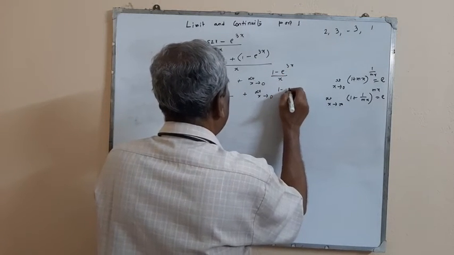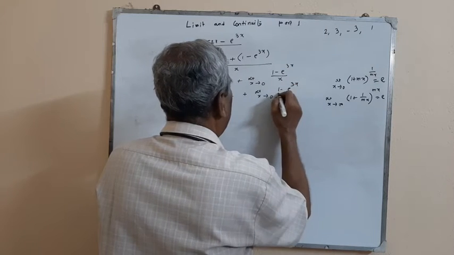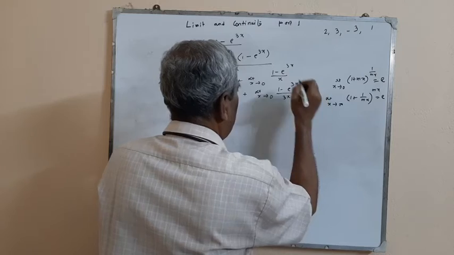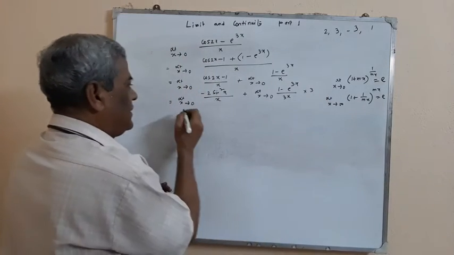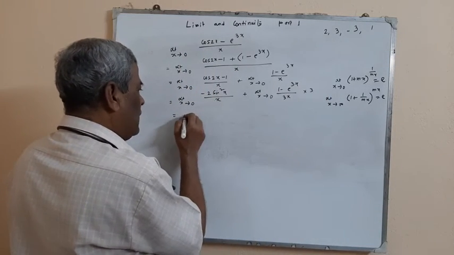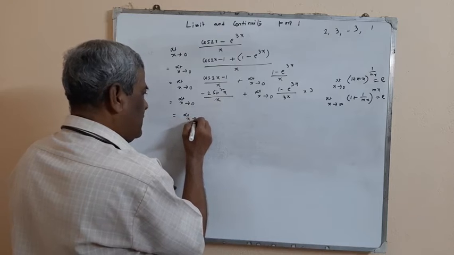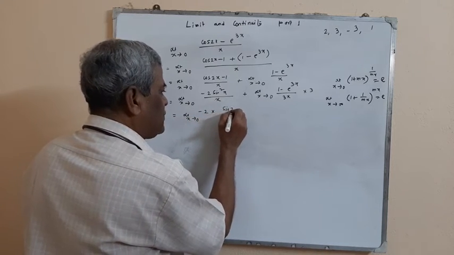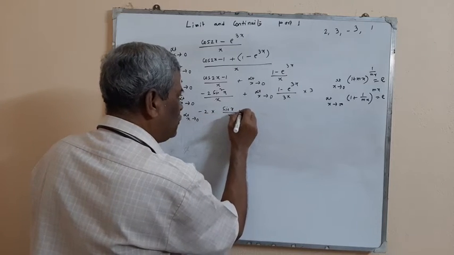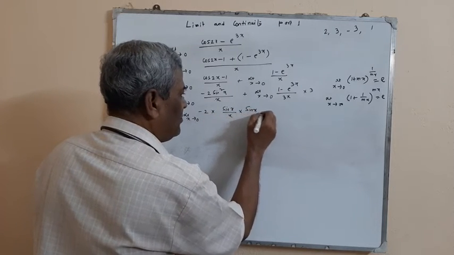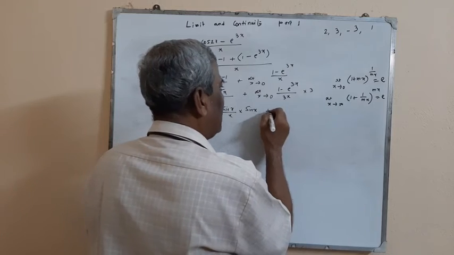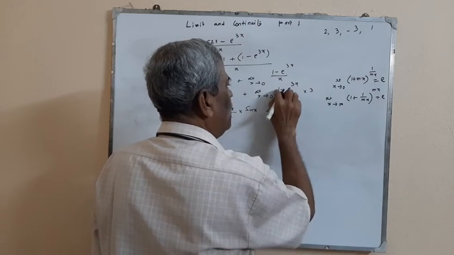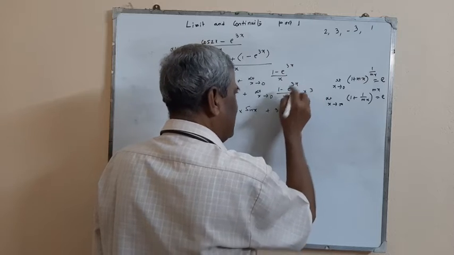If it is by mx, then they balance. It is equal to limit x tending to 0 of minus 2 into (sine x by x) into sine x, plus 3 into limit x tending to 0 of (1 minus e to the power 3x) by 3x.